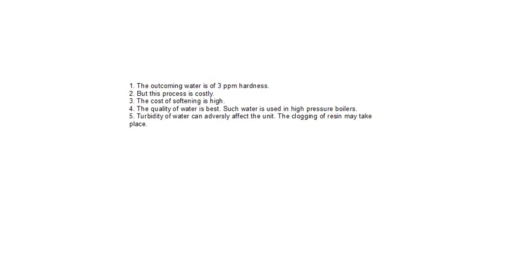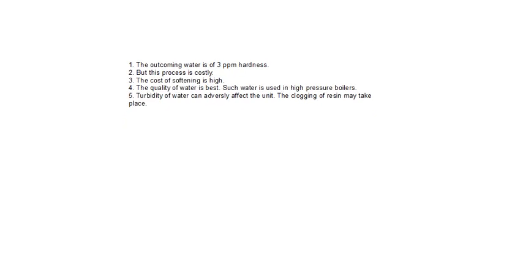In fact, the system should be such that resin should not be damaged, and therefore people usually take care that the resin remains good and it lasts long, because it is the costly unit of the entire plant. So these are some of the features of ion exchange plant.